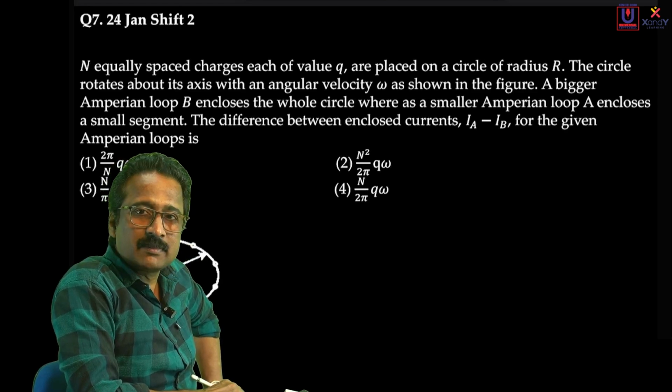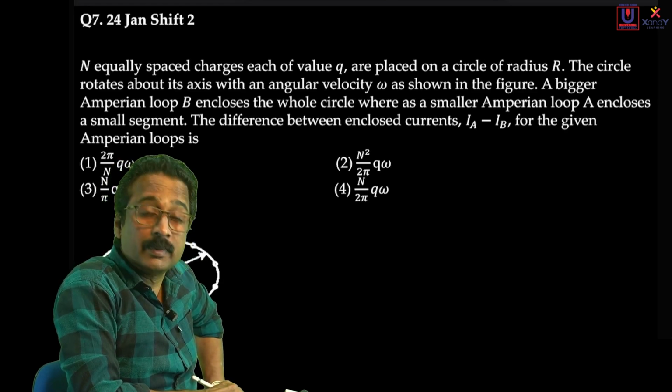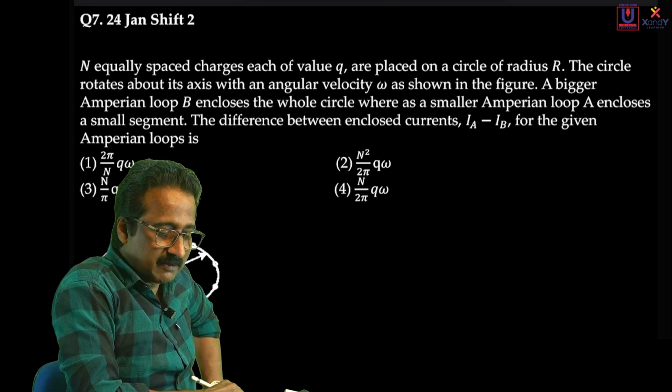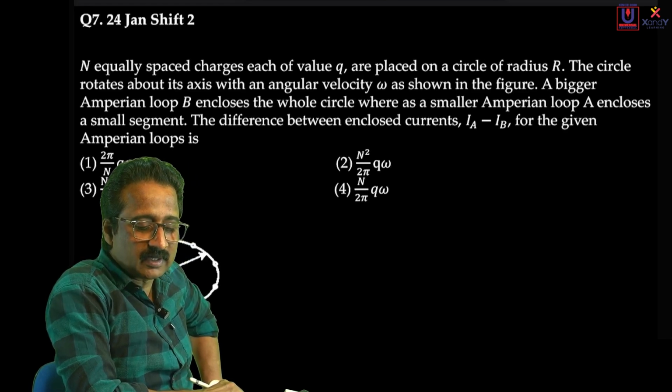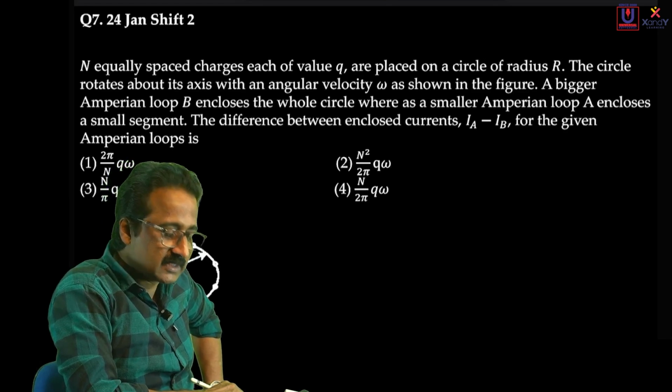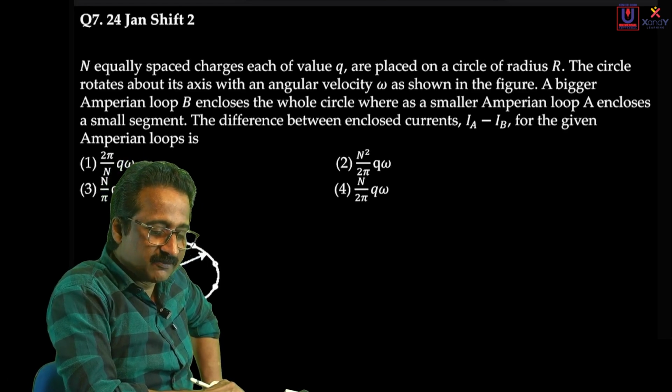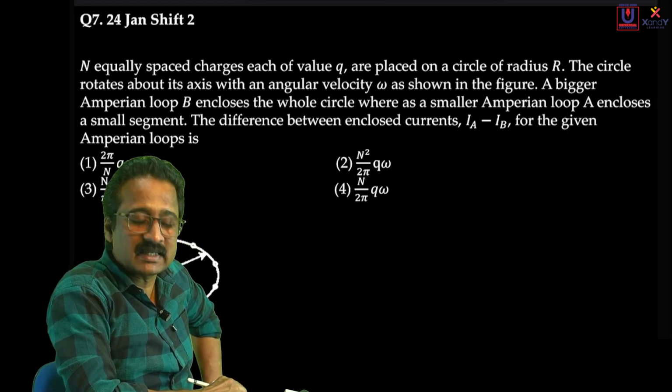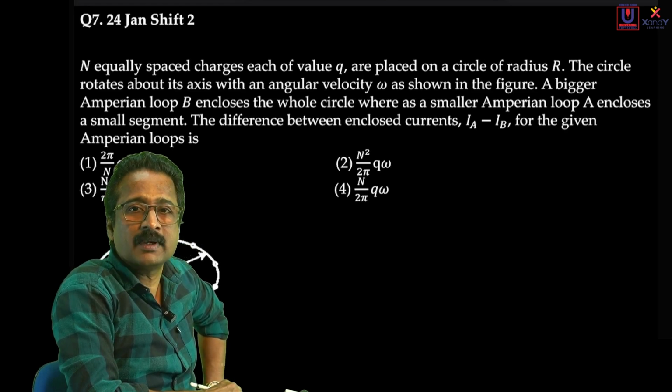The circle rotates about its axis with an angular velocity omega as shown in the figure. A bigger Amperian loop B encloses the whole circle, while a smaller Amperian loop A encloses a smaller segment also. The difference between enclosed currents IA minus IB for the given Amperian loops is.